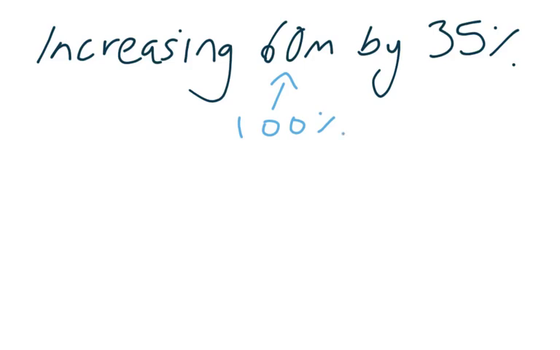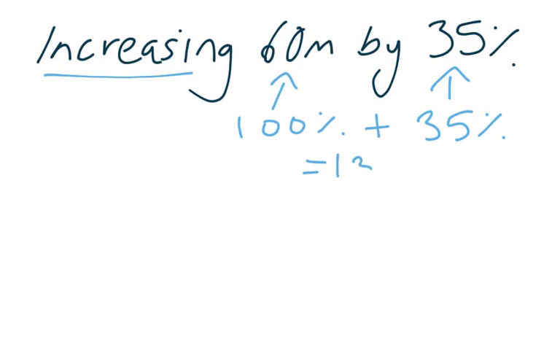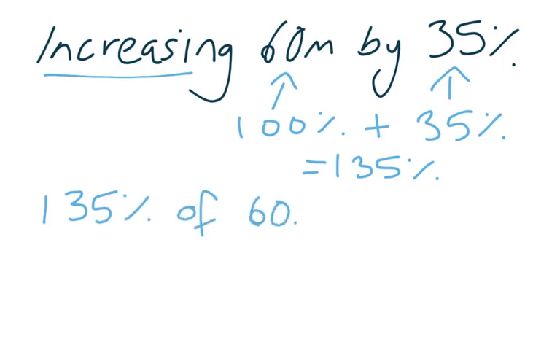Okay, 100% is 60 metres because that's our original starting amount. The 35% extra on top of that is the increase. So at the end, when we get our final answer, we need to have 135% of our original. So it's 135% of 60 metres.